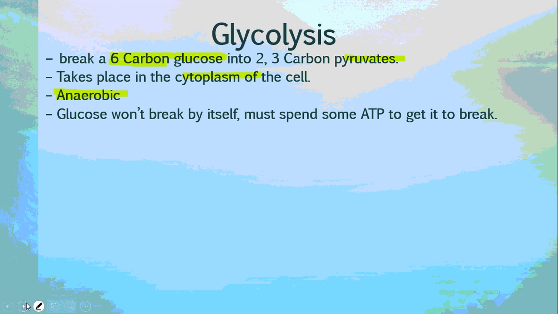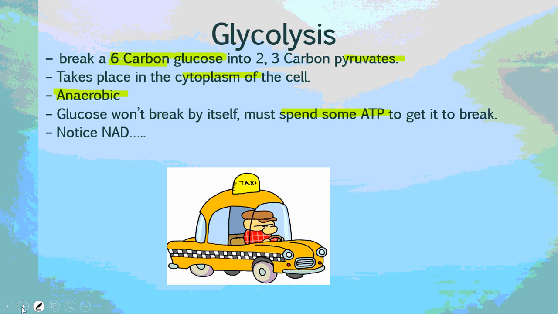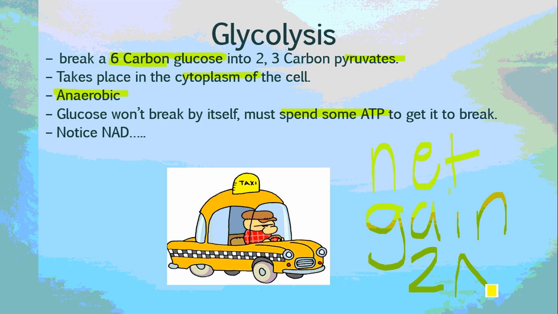Glucose won't break by itself, so we have to spend some ATP to get it started. So it actually costs the cell 2 ATP, but it makes 4, for a net gain of 2 ATP. Notice the NAD is the taxi.